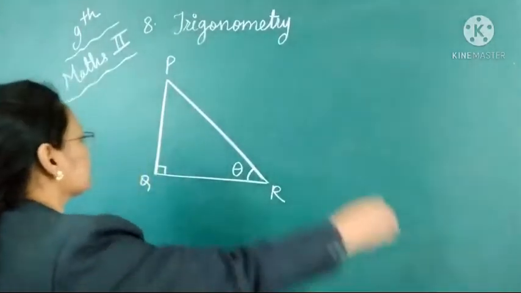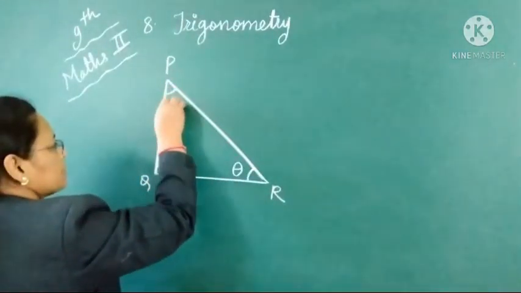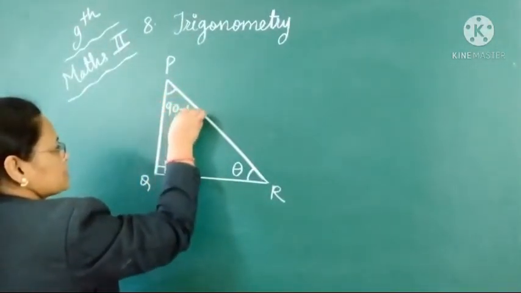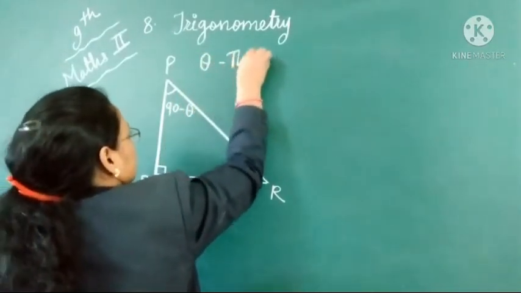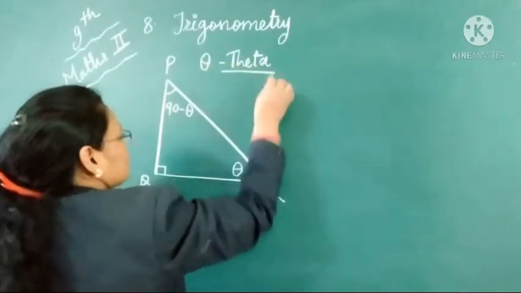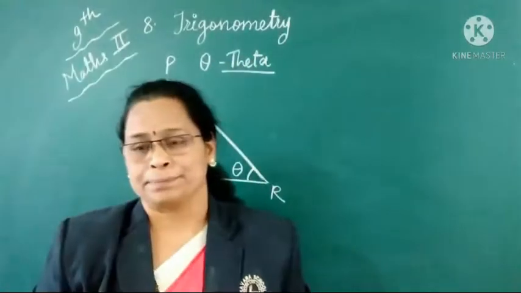So here the remaining angle will be 90 minus theta. This is the symbol of the Greek letter, which as we know is called theta.